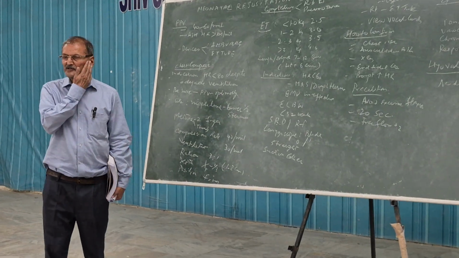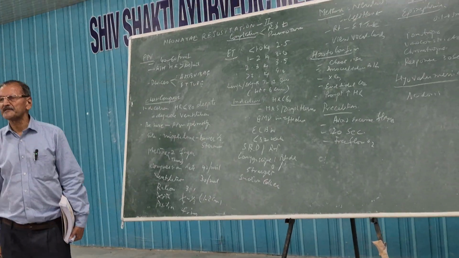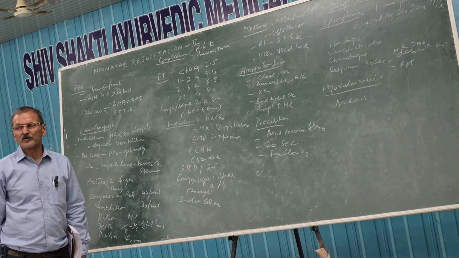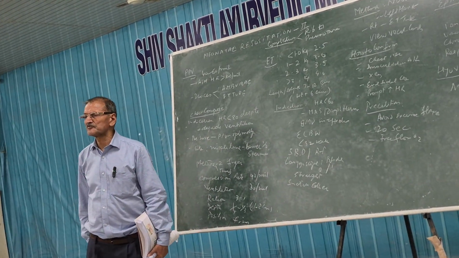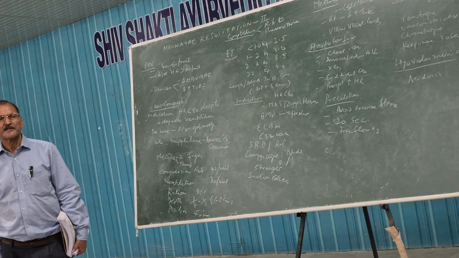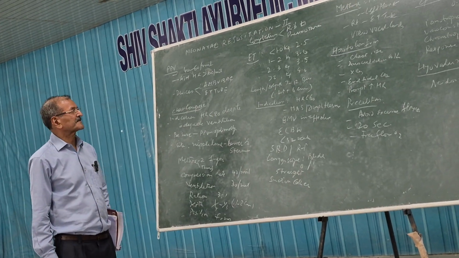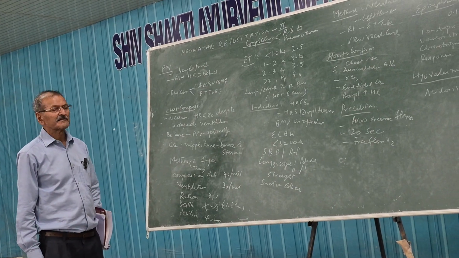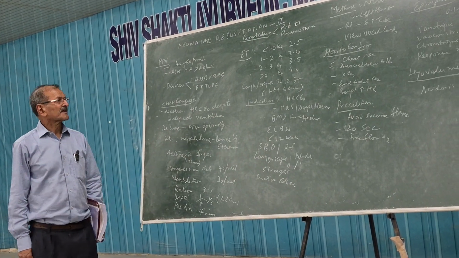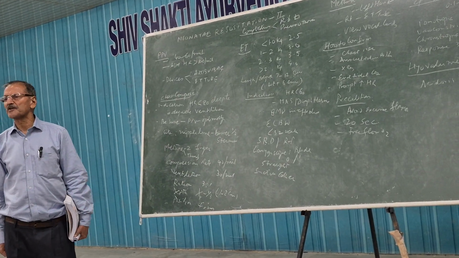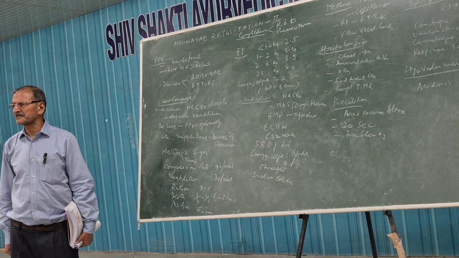Sometimes if you are not doing it properly, there can be these two complications of chest compression. You may fracture the ribs of the newborn if you have applied too much pressure, or you may also cause pneumothorax, right? So coming to the ET tube size, I showed you the ET tube in the last lecture.